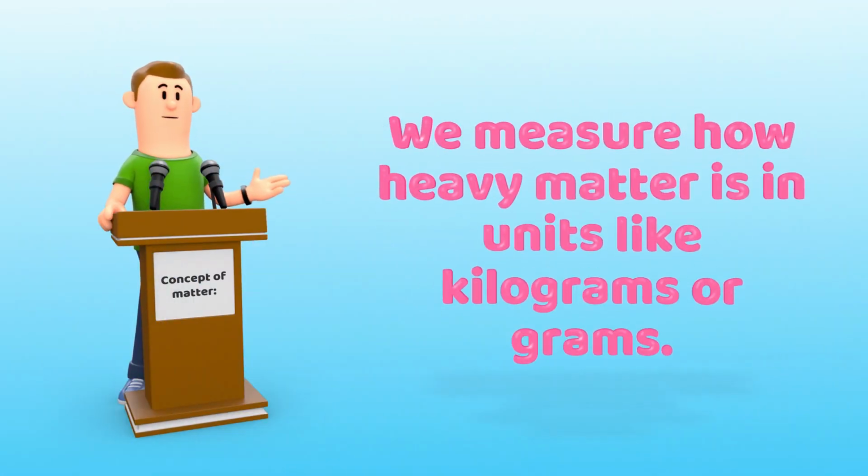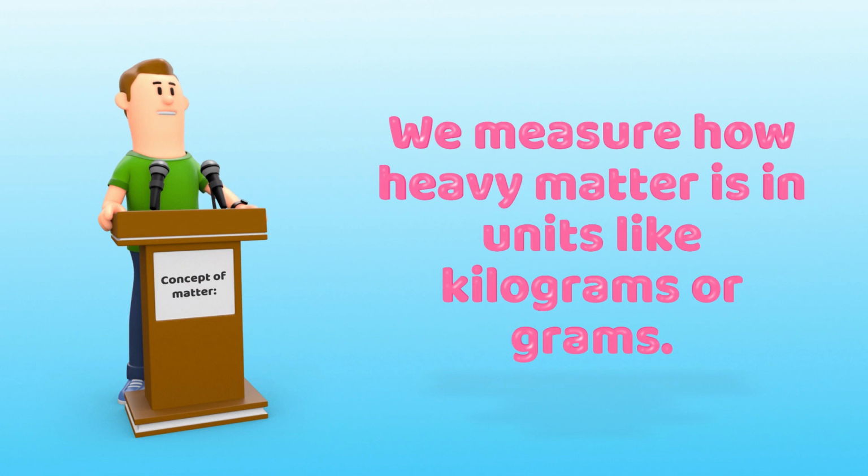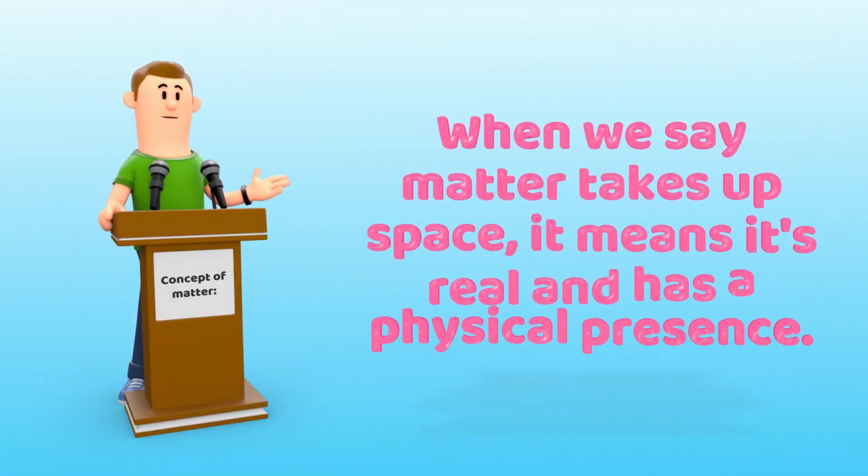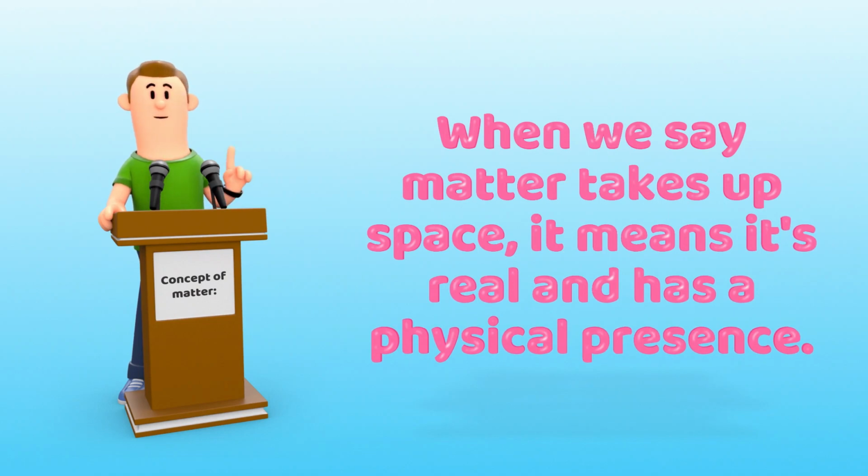When we are measuring the weight or mass of matter, we express them in units. The commonly used units are such as kilograms or grams. Therefore, when we say matter can take up space, what we mean is it is real and has a physical presence.